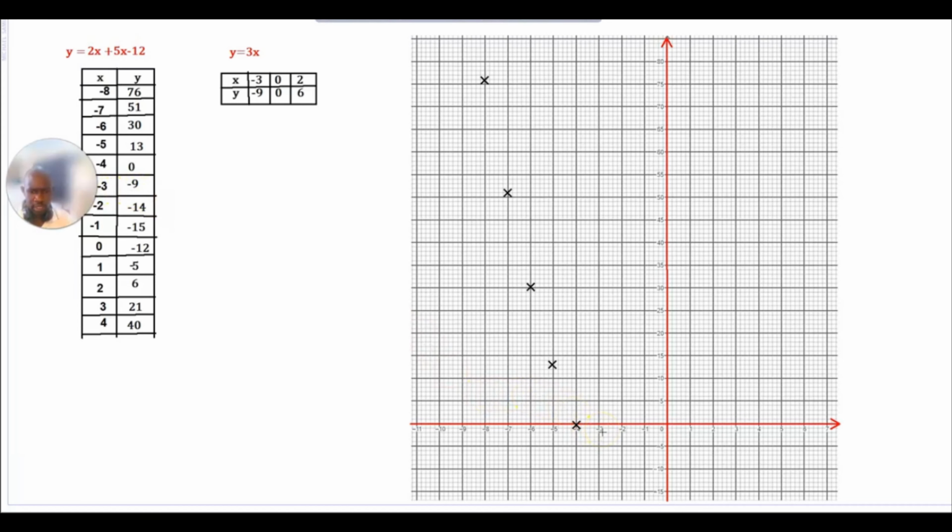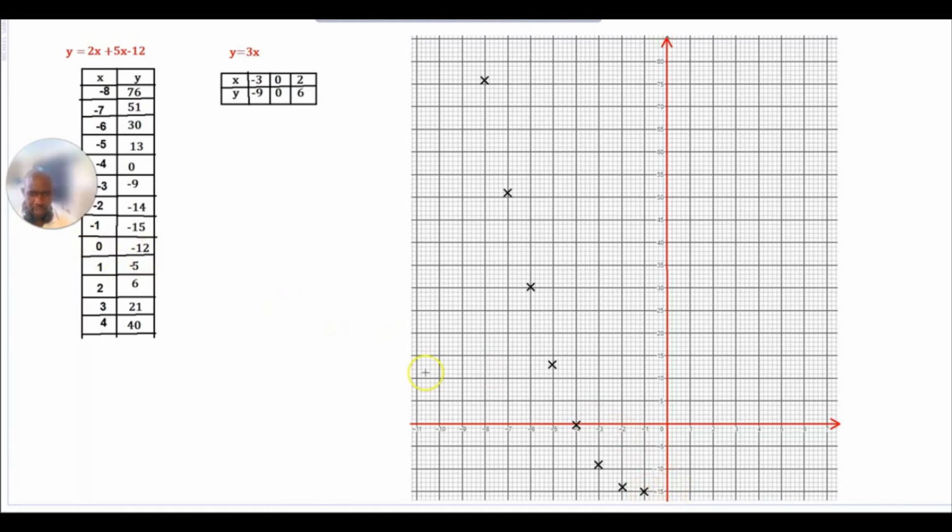That is the mark. When x is minus 2, y is minus 14. So here is the point. When x is minus 1, y is minus 15. So here is where we have the point.